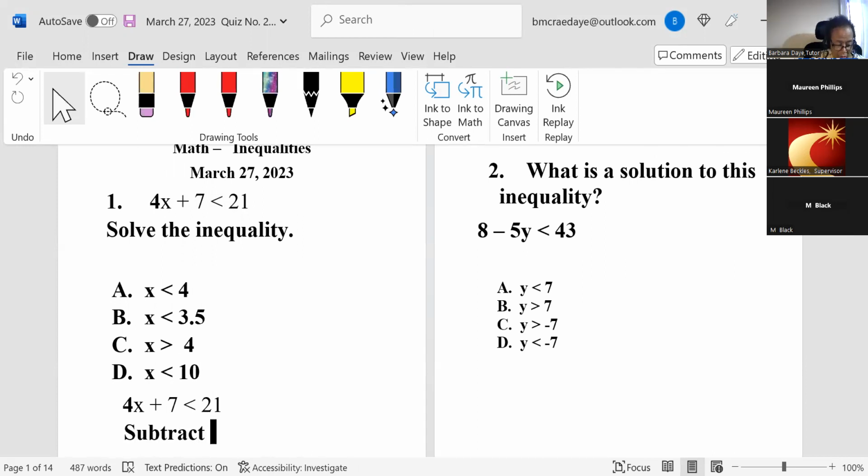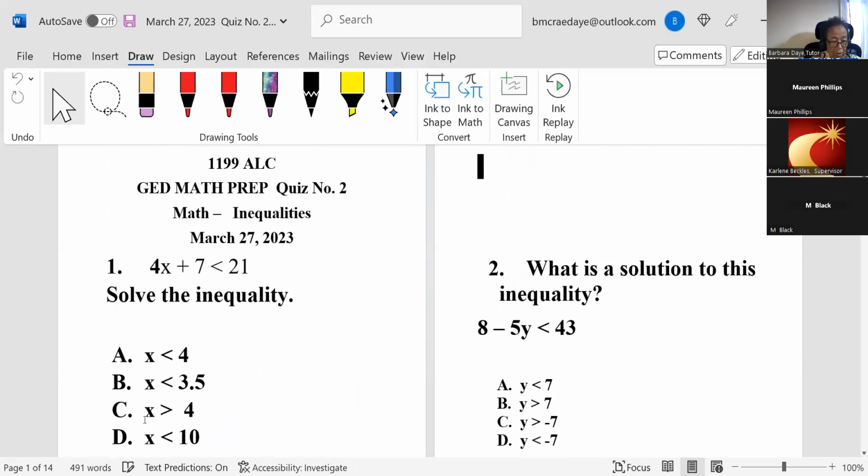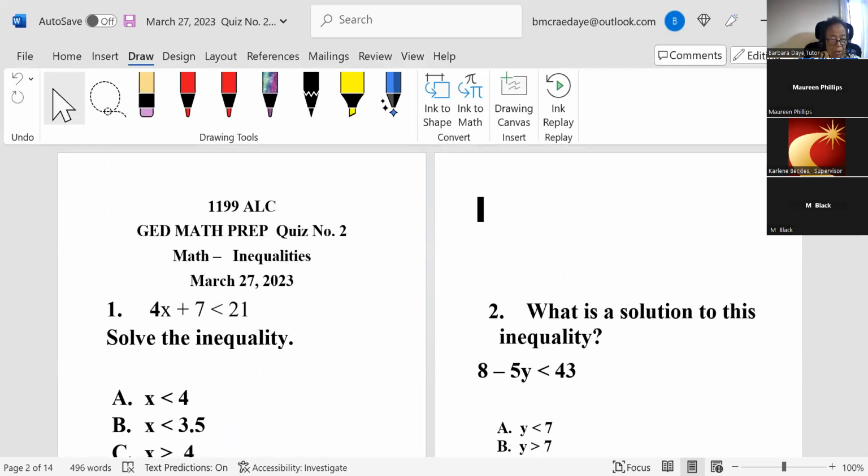Is that what you did too, Maureen? Yeah. So you started off right. So let's see what happened after you did that. Let's do our subtraction. Okay, and I'll probably go to the next screen because I'm going to run out of room here.